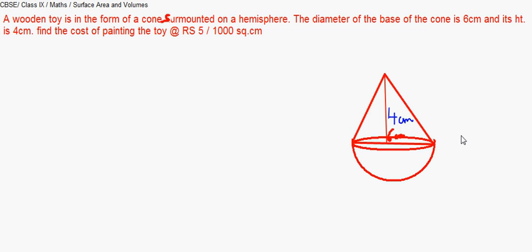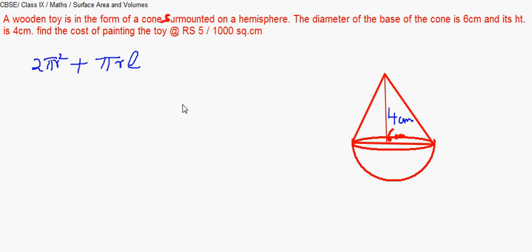We have to find the cost of painting. So to find the cost of painting, you'll have to take the lateral surface area, this is the curved surface area of the cone, as well as the hemisphere. The hemisphere's curved surface area is given by 2 pi r square, plus the curved surface area of the cone is given by pi r l.